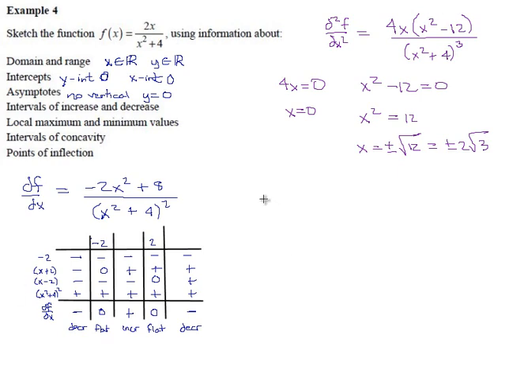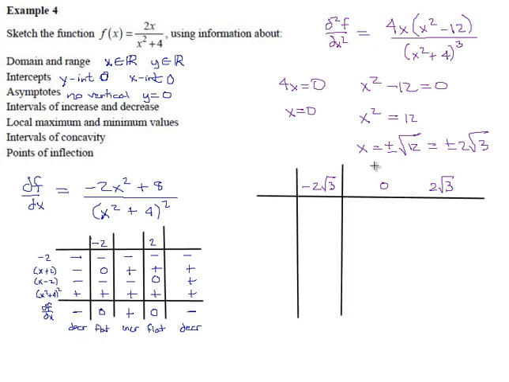Time for another sign table. We have minus 2 root 3, we have 0, and we have positive 2 root 3. I believe this function has odd symmetry, and if I had checked that ahead of time, it might have saved me some work by now.